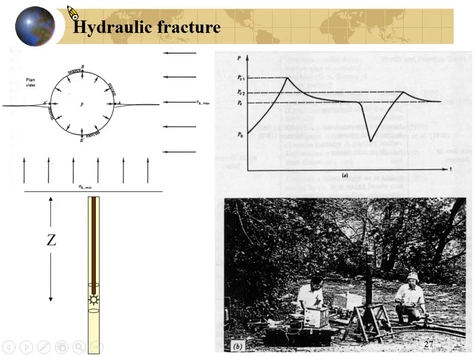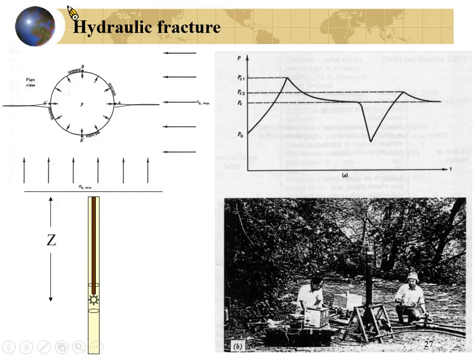What is the difference between PC1 and PC2? It is highly related to the tensile strength of rocks. Can you understand? For the first time, you want to make the rock fracture. You need to overcome the in situ stress, and you still need to overcome the tensile strength of rocks.